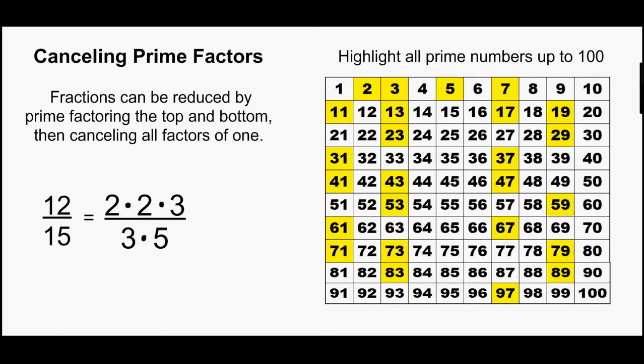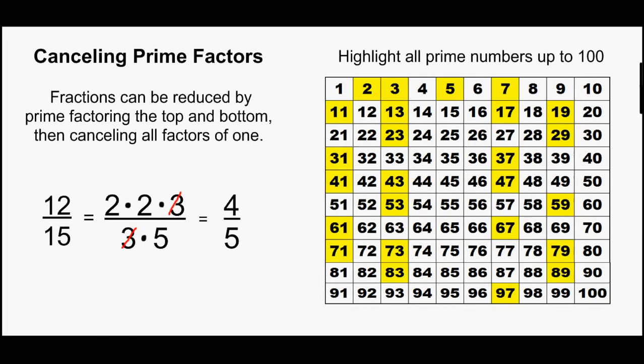If a prime factor on top is the same as a prime factor on the bottom, they cancel, making a factor of 1. For example, we cancel a factor of 3 on the top. We will also cancel a factor of 3 on the bottom. Remember, 3 divided by 3 equals 1.